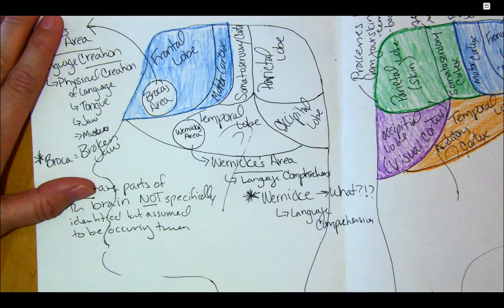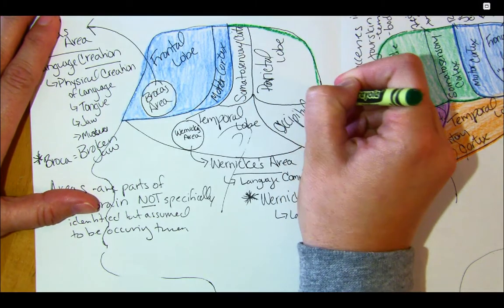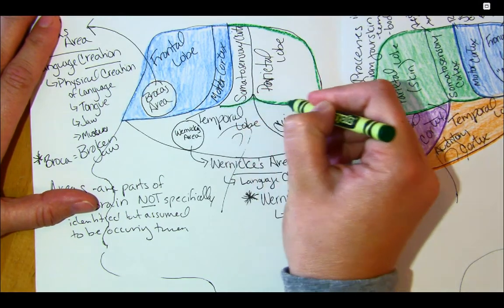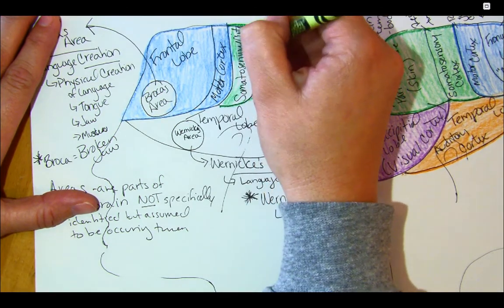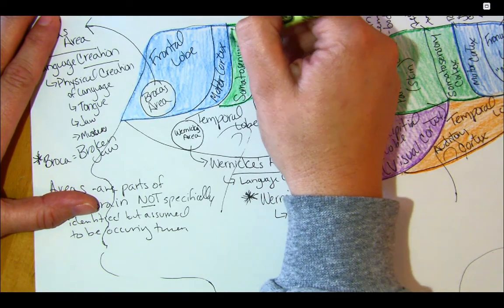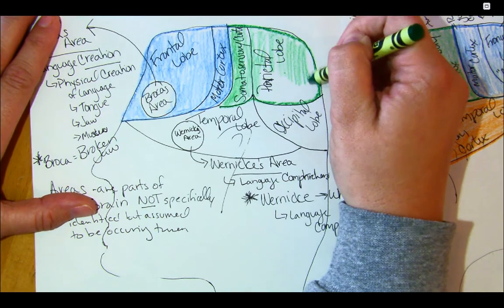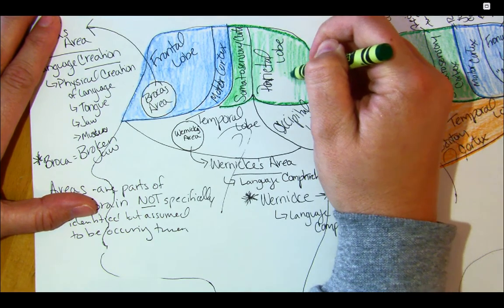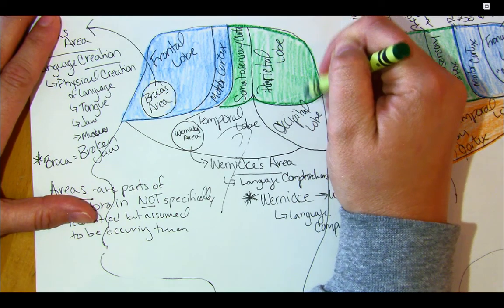Okay? For me, my parietal lobe is green, so I'm going to color in my parietal lobe right now, green. Remember, your somatosensory cortex is here. Now, as you see, every single lobe has a cortex, but not every cortex has an area. Please make sure you're figuring that out. So every lobe has a cortex, not every lobe has an area.